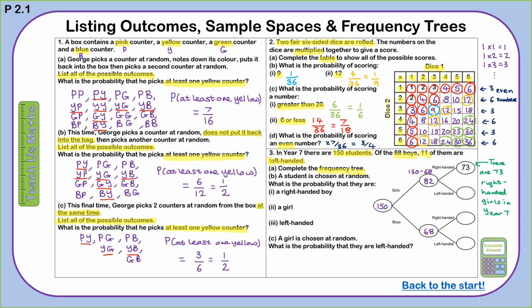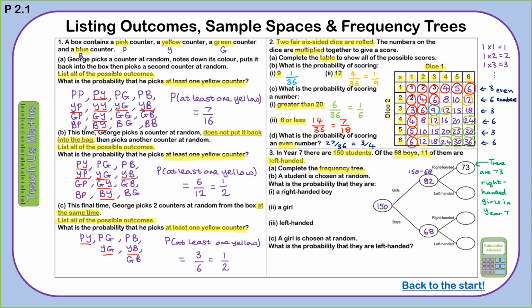So what we have done there is we have just split the total number of students into two categories. We can check that the total of these numbers is equal to the total frequency, so we can check 82 add 68 does give us 150, which it does, so I'm going to continue with the question.